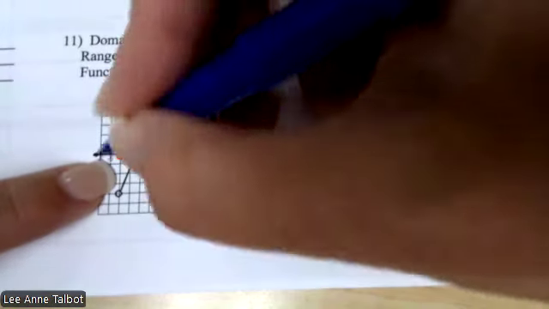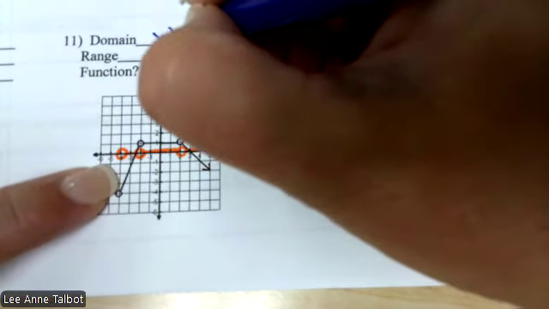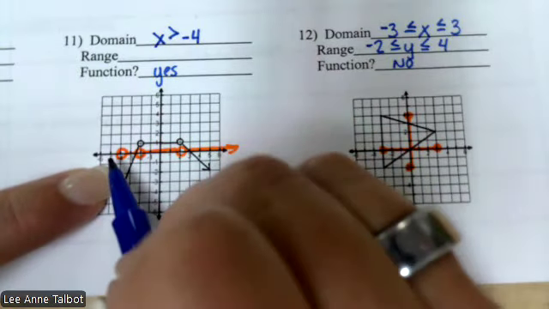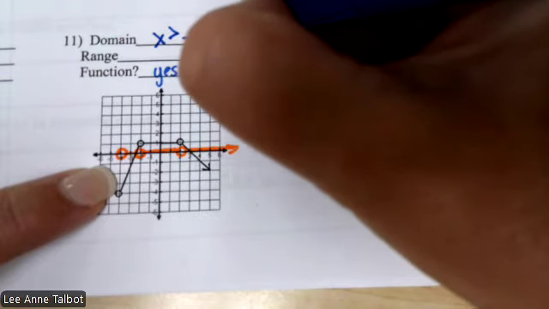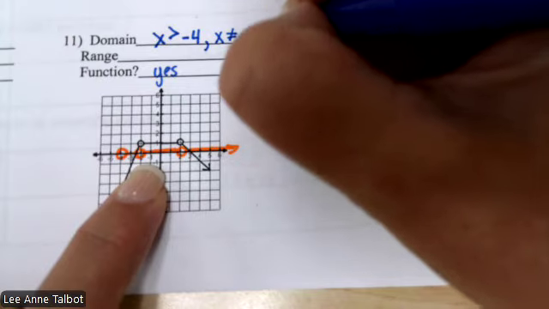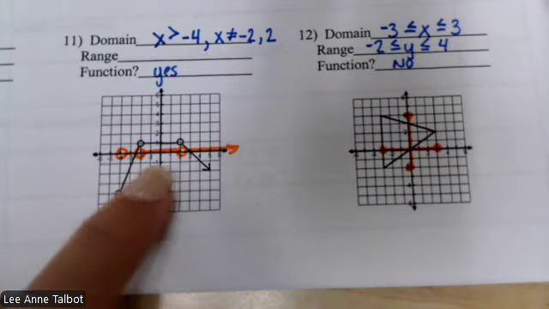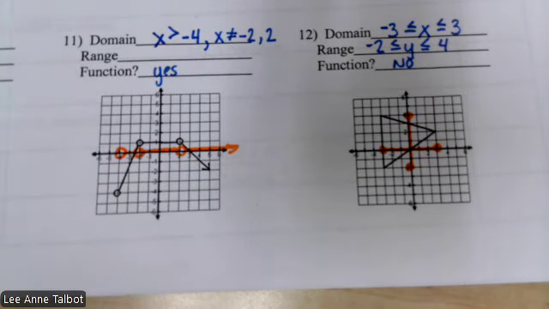So we say it's a ray still. So we say X is greater than -4 because my open circle is at -4. That covers everything. And then you put a comma. X does not equal -2 and 2 because that's where the open circles are. Isn't that horrible?